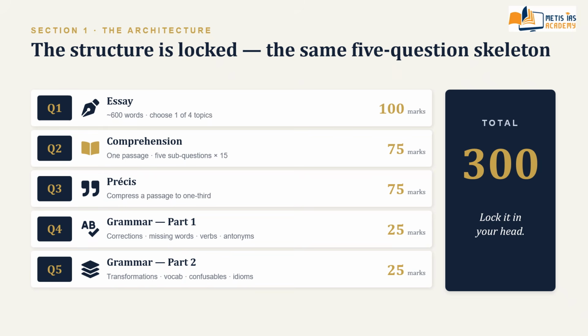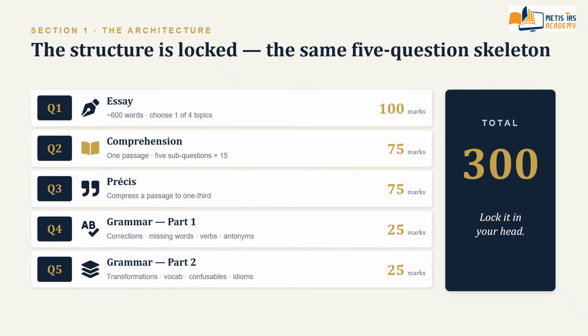The same 5 question skeleton every year, from 2014 till 2025. So what is the structure? What are the questions in the paper?